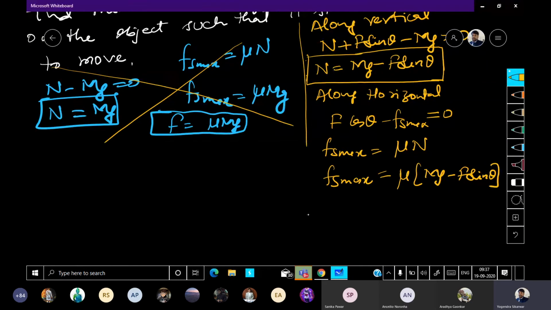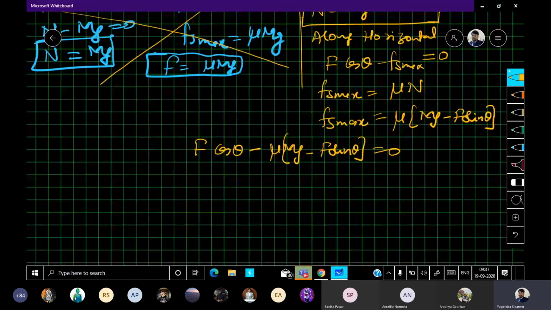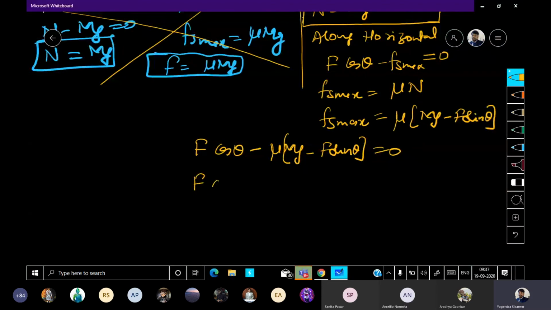All right. So F cos theta minus fs max, so fs max is mu times mg minus F sin theta, and that is equal to 0. So that gives us F cos theta minus mu mg plus mu F sin theta is equal to 0.